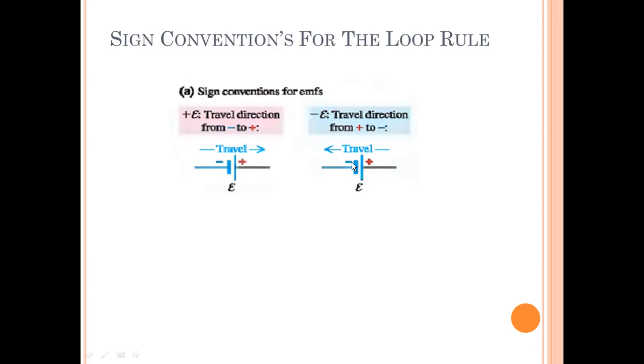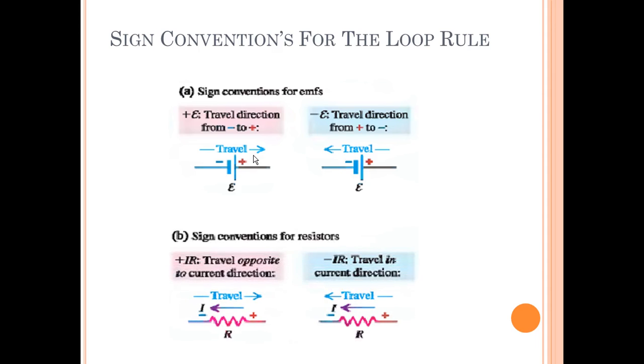So therefore, the assignment of the EMF in the equation for our voltage loop rule would be negative. So in summary, whatever the leaving terminal of the EMF from which we leave our direction of travel would be the sign of the EMF in our equation for Kirchhoff's loop rule.